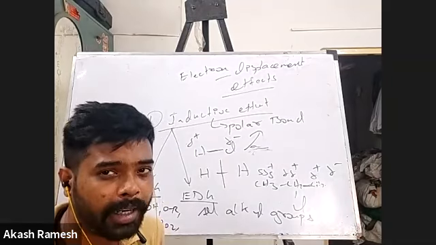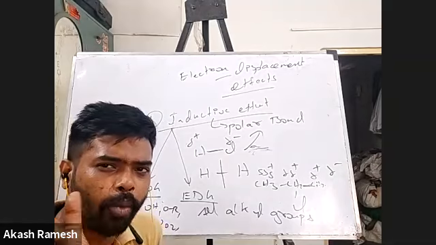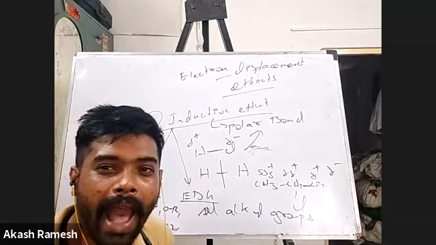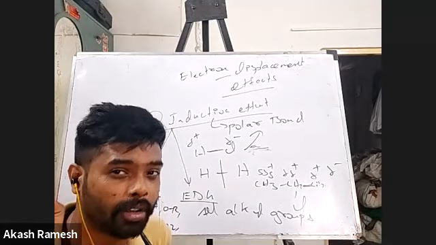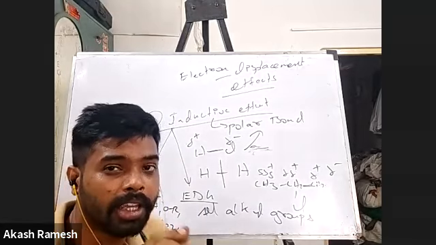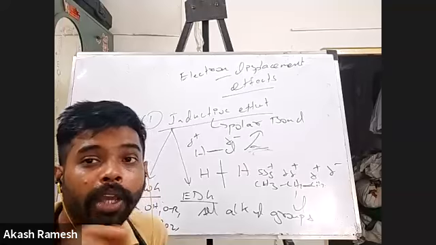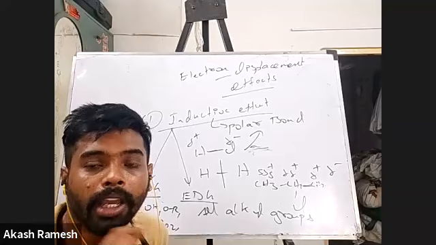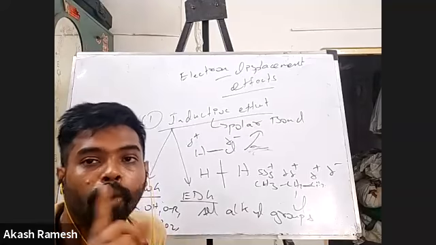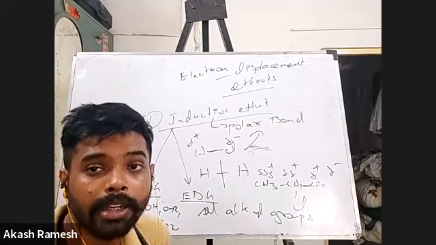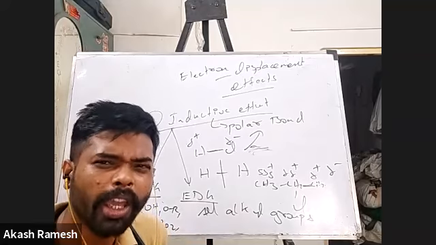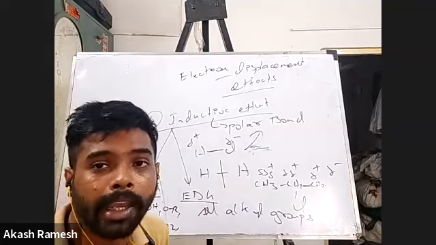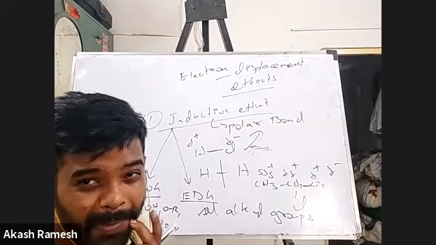An alkyl group has one hydrogen atom less than the corresponding alkane. CH4 is methane, CH3 is the methyl group, C2H6 is ethane, C2H5 is the ethyl group. So alkyl groups have one hydrogen atom less compared to the parent alkane. All alkyl groups are electron donating in nature.